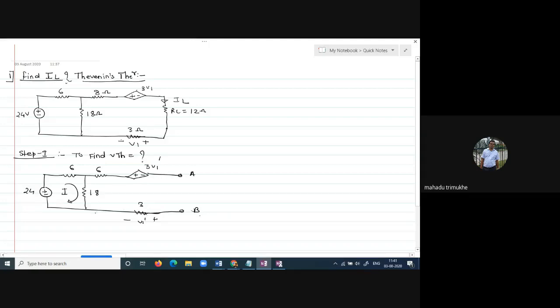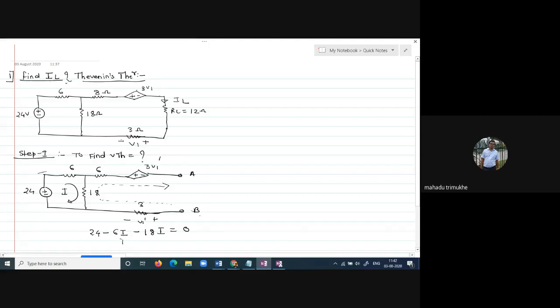Suppose you select the path from point B to A. Now you have to apply KVL to the input loop. The input loop is here. So what is your KVL at the input loop? That is 24 minus 6i minus 18i is equal to 0.